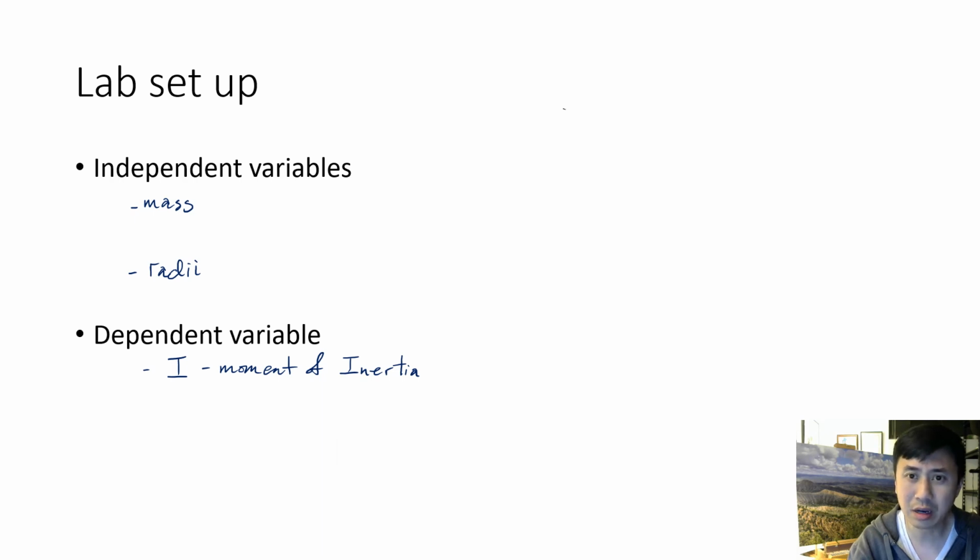Recall that torque is equal to force, the perpendicular force, times r, right? But there's another equation that I taught you in this lesson where torque is also equal to the moment of inertia times alpha. If you recall, this looks a lot like F equals m times a.